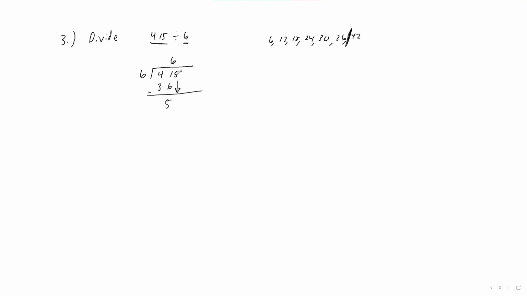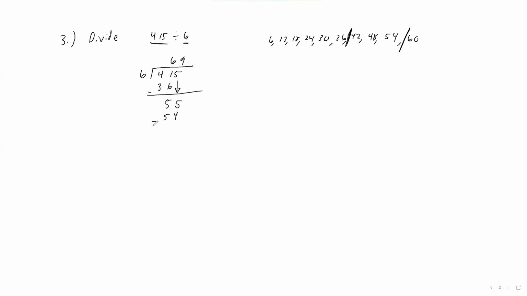Then I would drop down the remainder number and you would go through this process again. So I'd keep going. 42, 48, 54. All right, I can go to 60 if I want, but I can see that I would stop here. So that's 1, 2, 3, 4, 5, 6, 7, 8, 9. So I'd write a 9 there. And then I would go, all right, well, 9 times 6 I can see is 54.